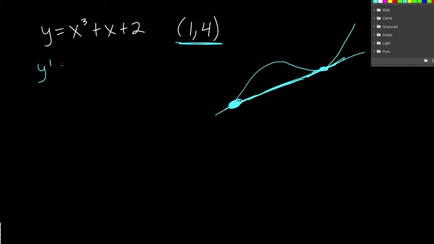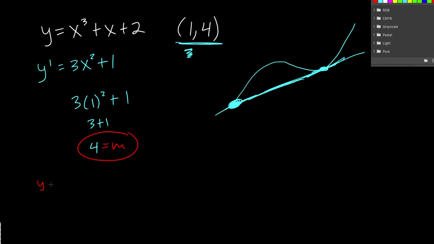So y prime is equal to 3x squared plus 1. Okay, and then we use our x value and plug it in to this. So we get 3 times 1 squared plus 1. So 3 times 1 is 3, 3 plus 1 is 4. Okay, that's our slope.